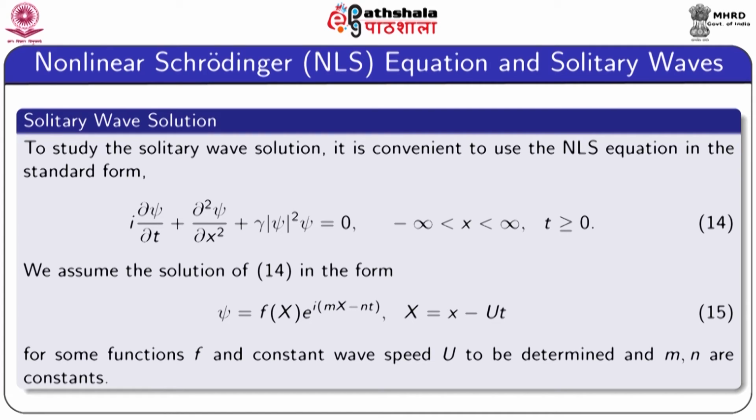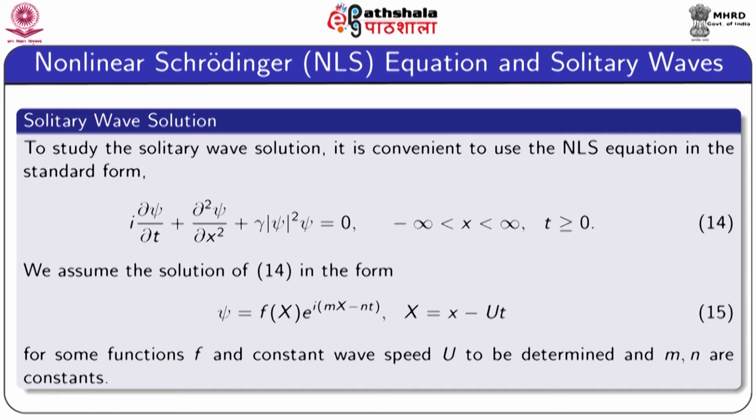We are interested in finding the solitary wave solution. That is why we have taken the solution in the form ψ = f(X) e^{i(mx − nt)}, where capital X equals small x minus U t, where U represents the wave speed, and m and n are some constants.